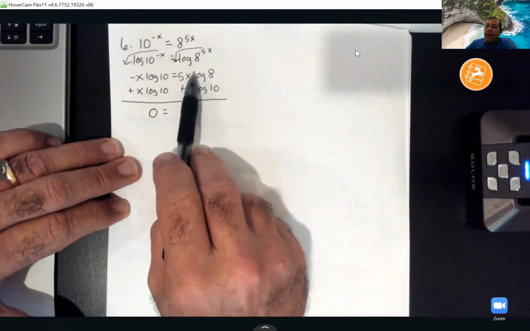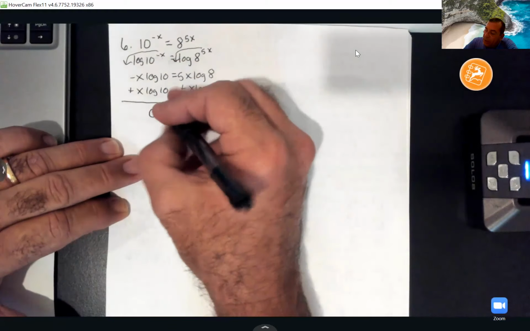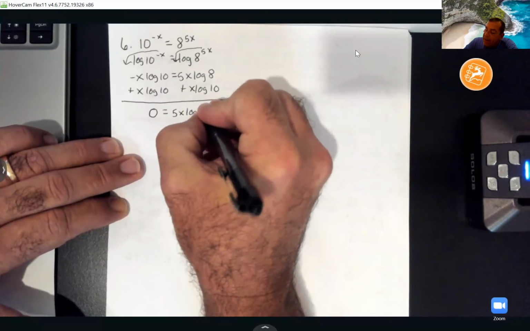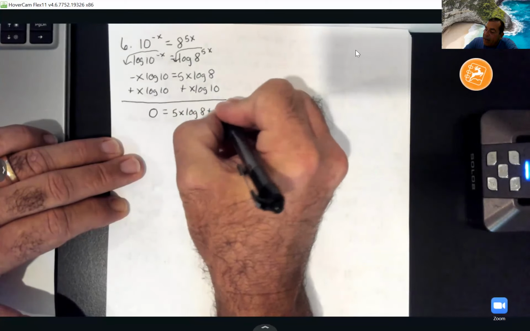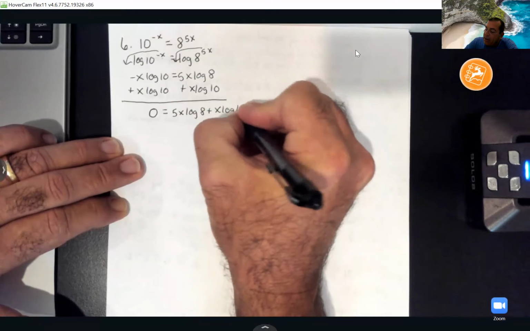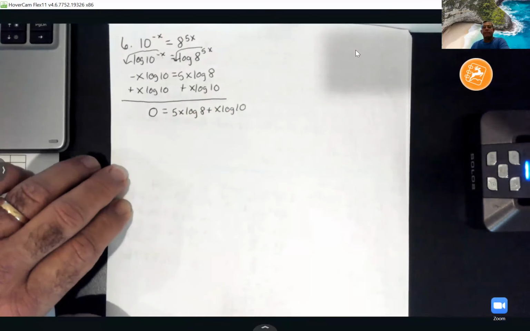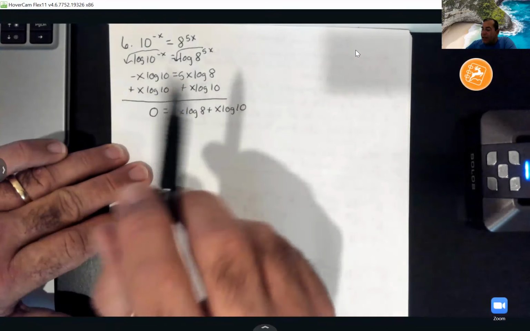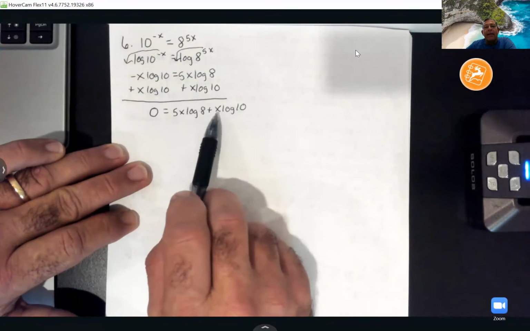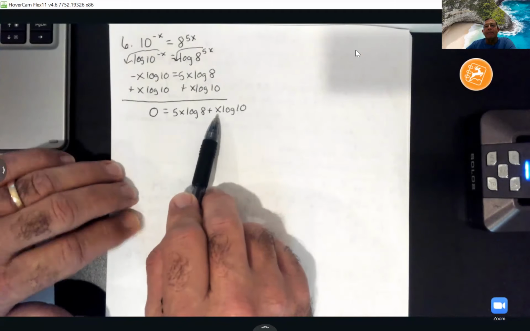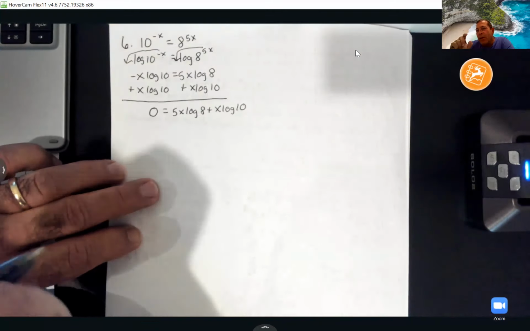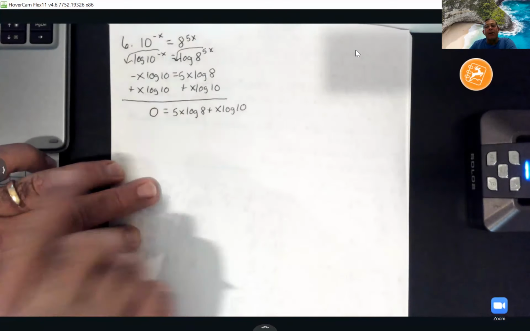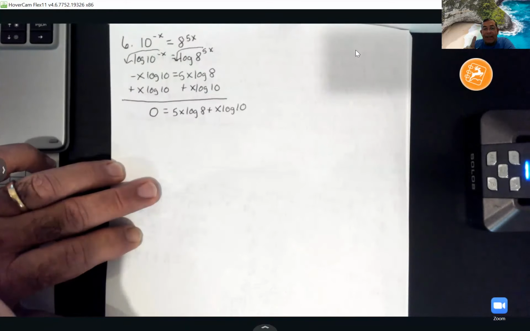So this side, the negative x log 10, positive x log 10, they add up to get me a 0. Now, these are not like terms, so I'm just going to write this as 5x log 8 plus my x log 10. So here's an interesting situation because here's the x and here's the x. So I'm looking for a way that I can take these two x's and turn them into just one x.